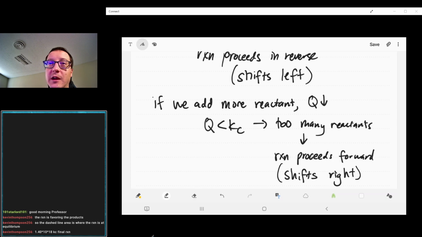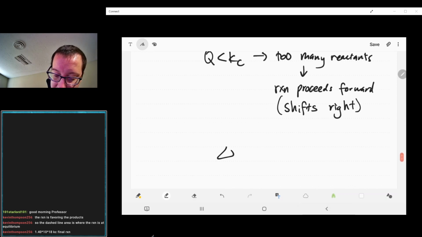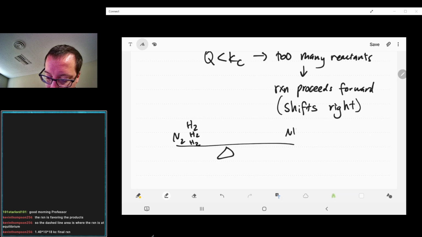Hopefully this is not too crazy. We've already looked at Q and seen what happens with that. So basically, everything is nicely in balance here. We've got our happy balance. As soon as we add extra of something, it's going to want to reestablish the balance.